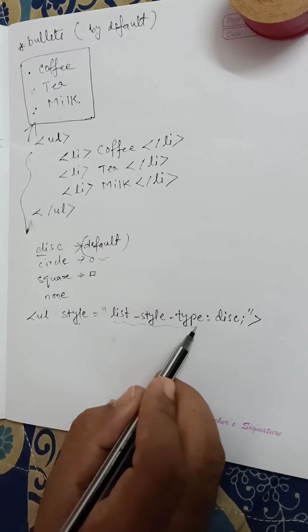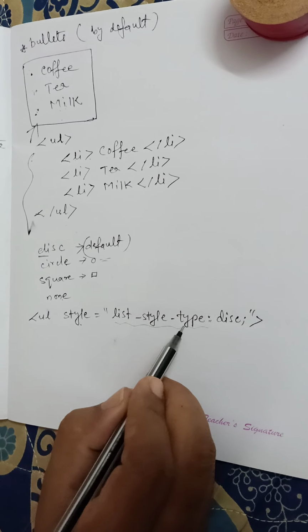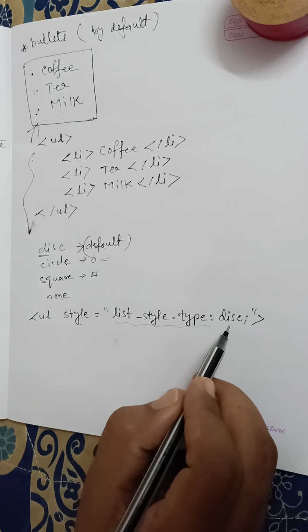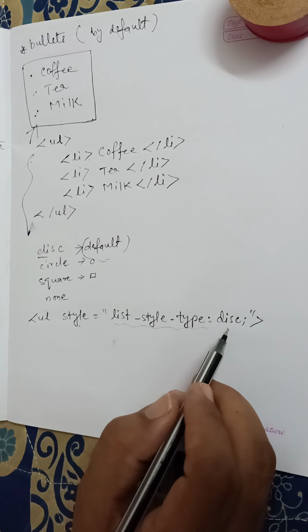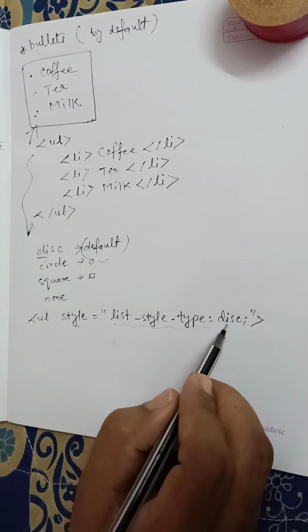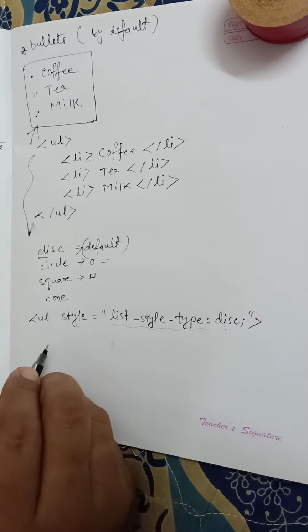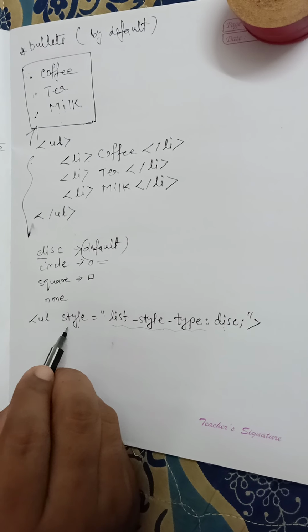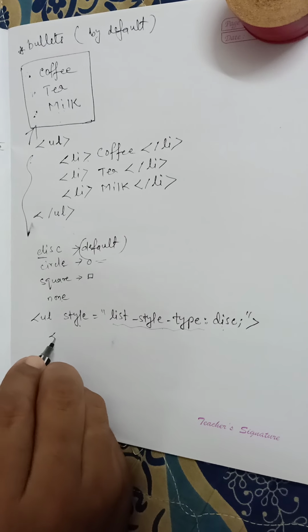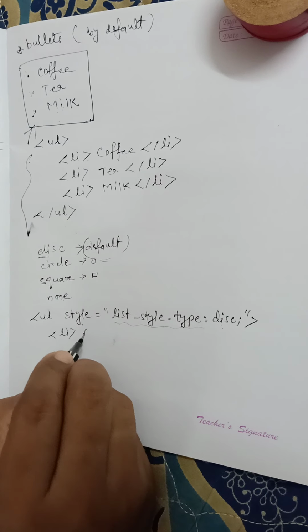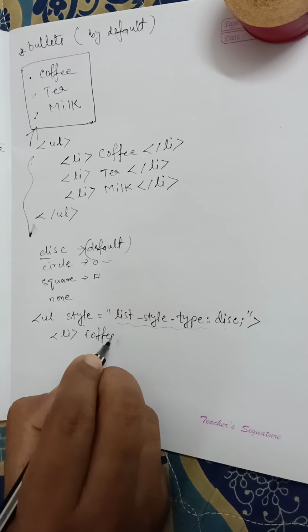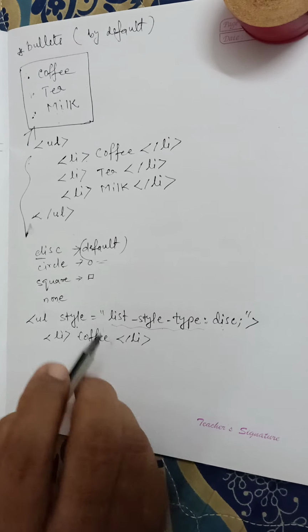This is my property, list-style-type, and this one is the value. I'll be adding this in the main UL tag itself, not in LI, and then my LI goes the way I have written here itself.